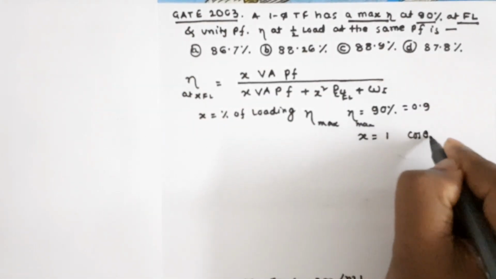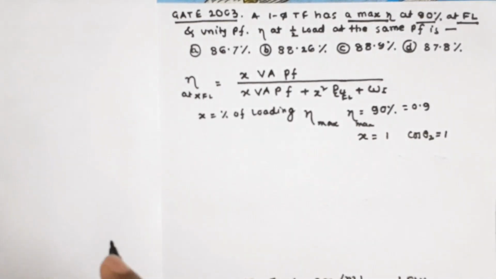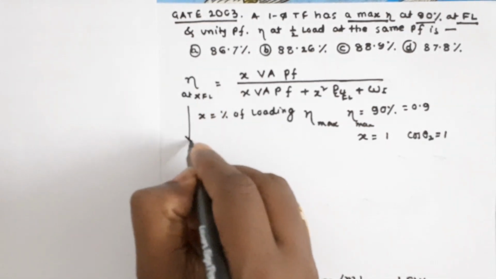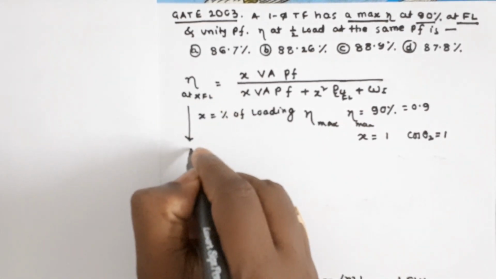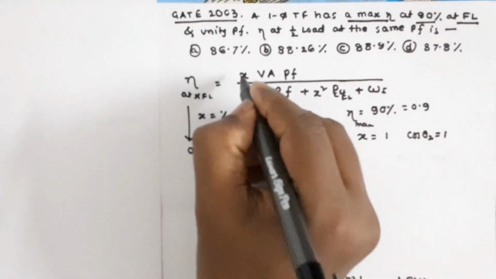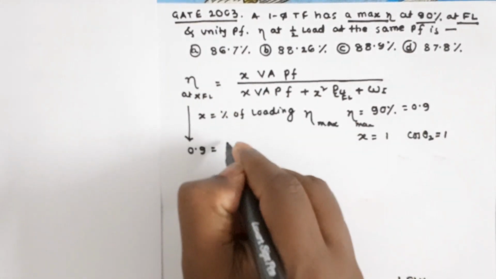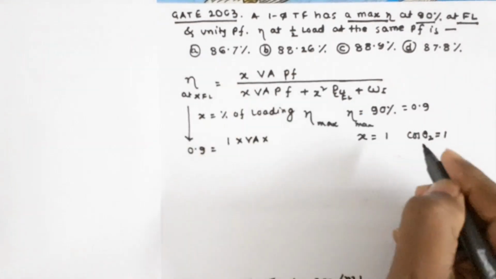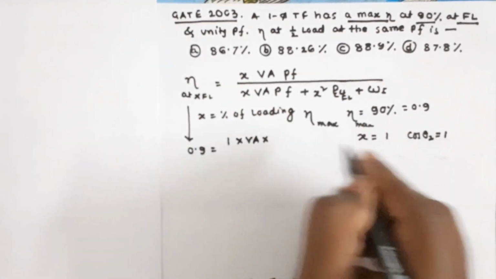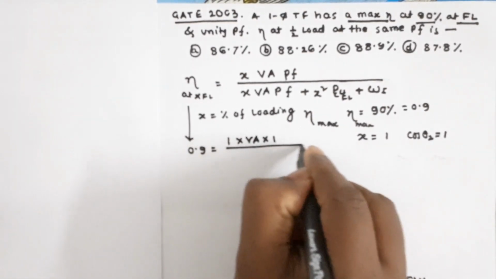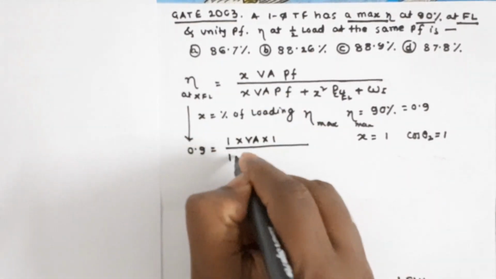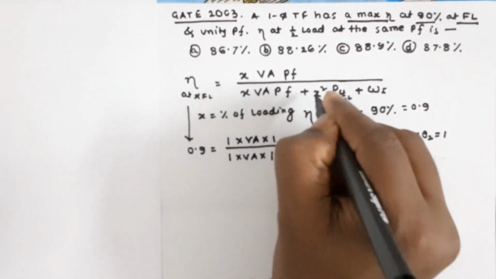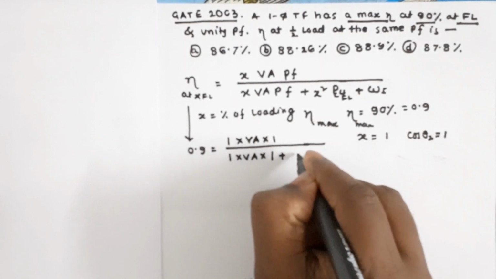Cos of theta 2 is also 1. Therefore, from this relation I can write 0.9 equal to 1 into VA, volt ampere, into power factor, which is again 1, divided by 1 into VA into power factor 1 plus X square, that means 1 square.